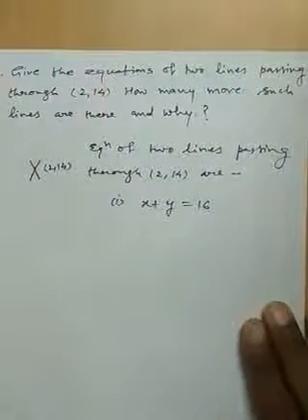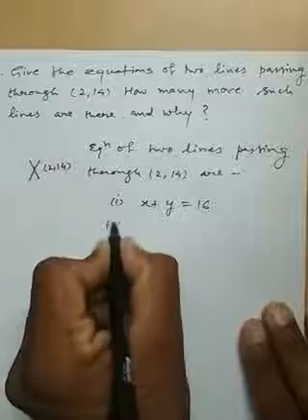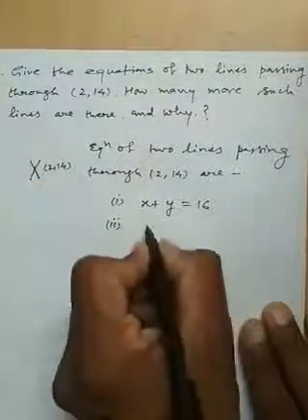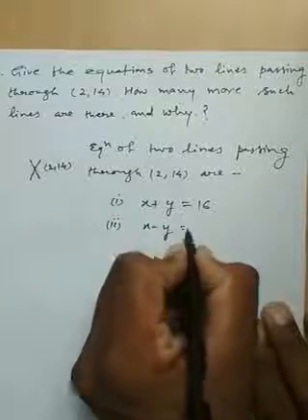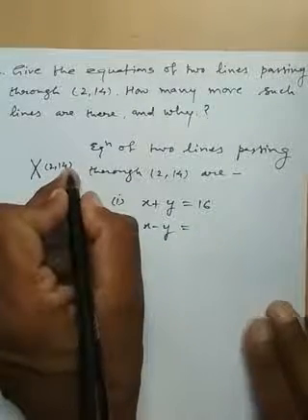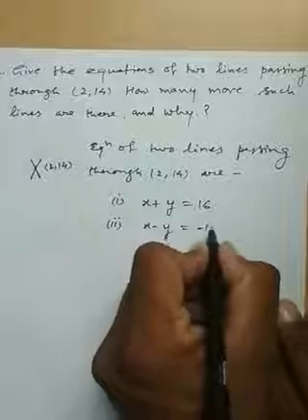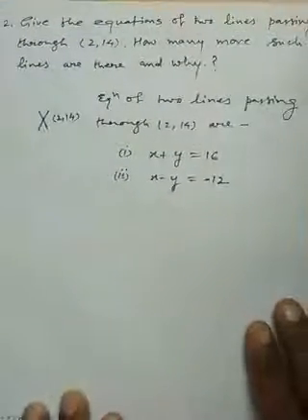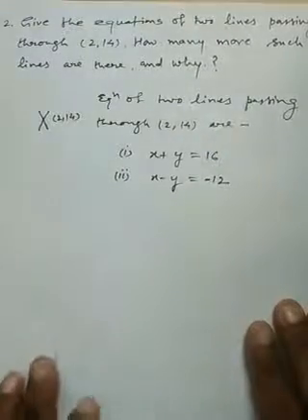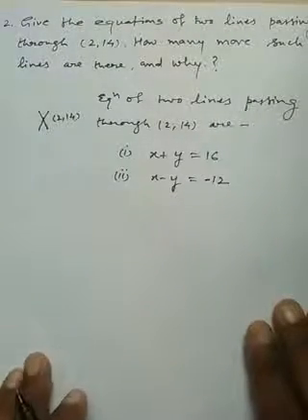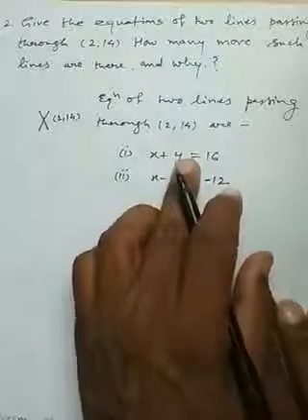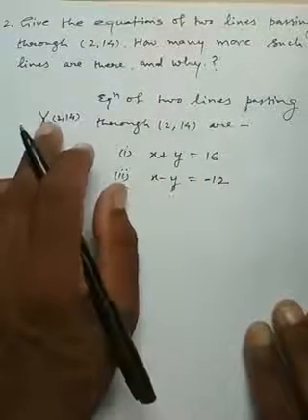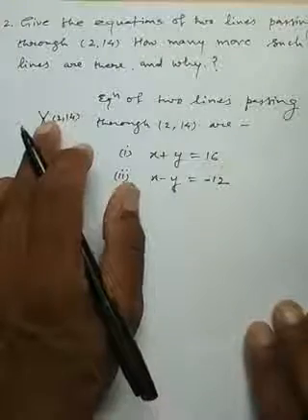This is one equation. Another equation, we can subtract, then x minus y, and 2 minus 14 is minus 12, so x minus y equal to minus 12. These are the two equations passing through this point, and we can find many more lines. Infinitely many lines can be determined, because it is a single given point.